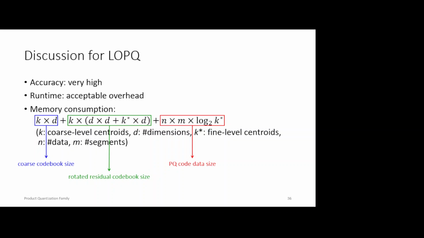So this is the size of each encoded raw data, and because you have n raw data, the total size is calculated like this. You just sum up all together, and you get the total memory used in LOPQ. Okay, any problem?